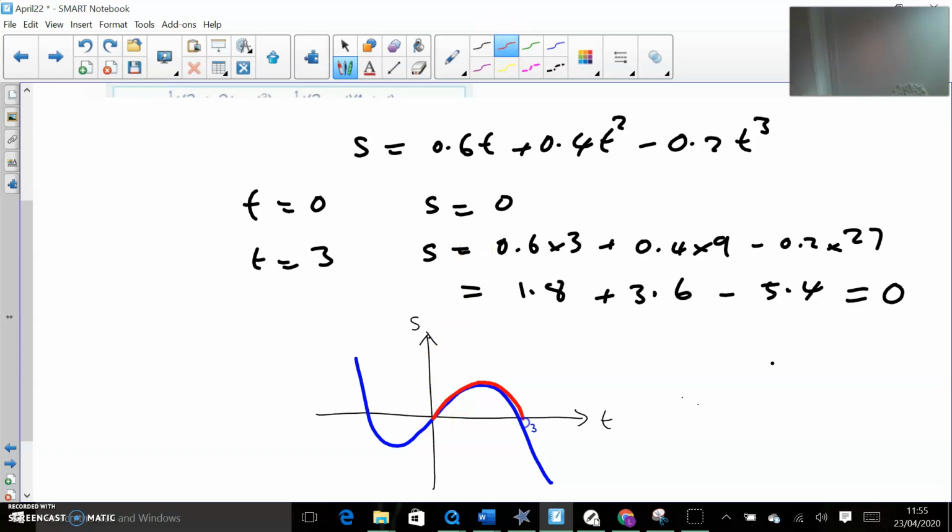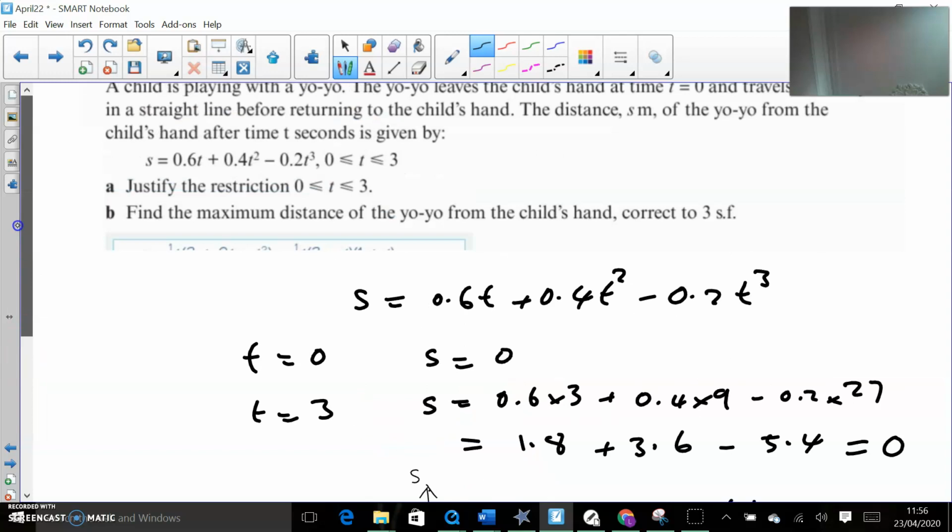I'll put that in red. That's the only valid part when t is between 0 and 3. The distance s must be positive, and so t must lie between 0 and 3. Okay, so that's part A.